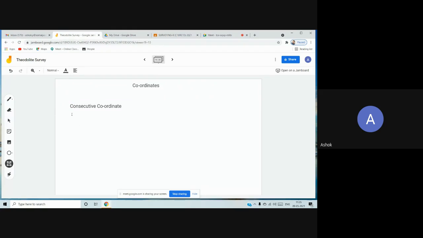And the second is independent coordinate. Consecutive coordinate and independent coordinate.